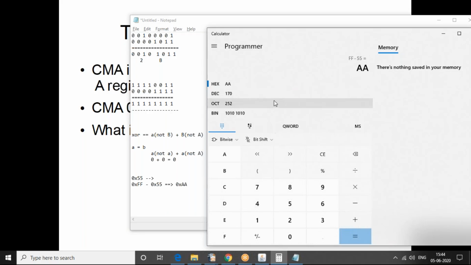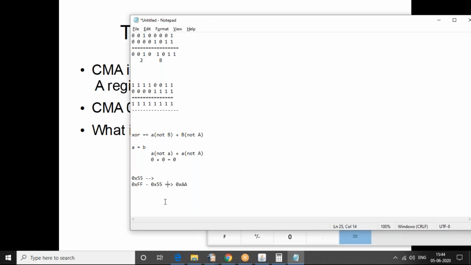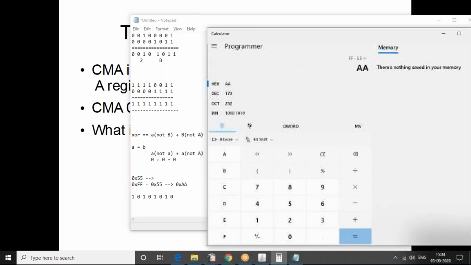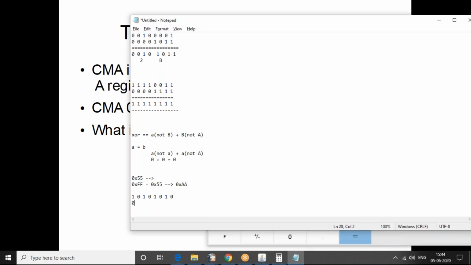One good thing about the number, you should look at the binary value of that as well. If I write AA in binary, it is 10101010. Similarly, if I write 55 in binary, it is 01010101.